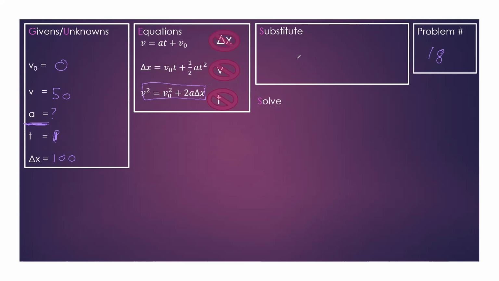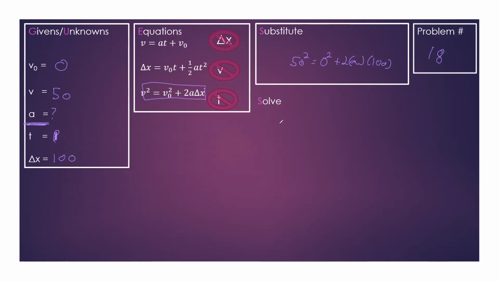v squared equals v naught squared plus 2 times a times delta x. 50 squared is going to be 250, I believe. Let me double check that.